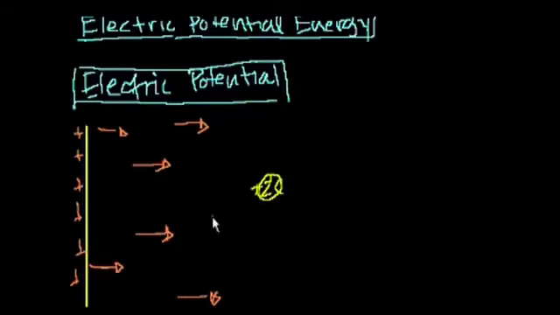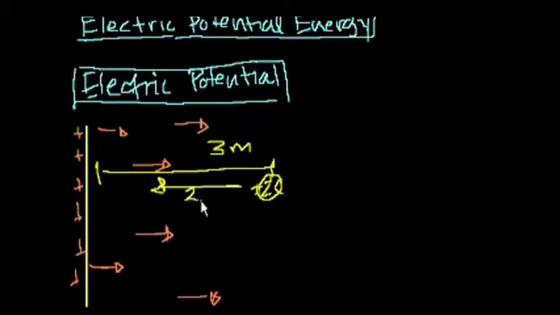It starts off, let's say, 3 meters away, and I want to bring it in 2 meters, so it's 1 meter away. So what is the electric potential energy difference between the particle at this point and at this point?